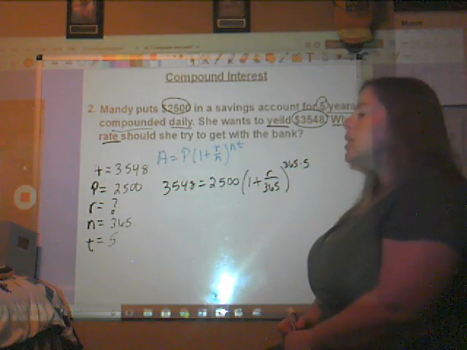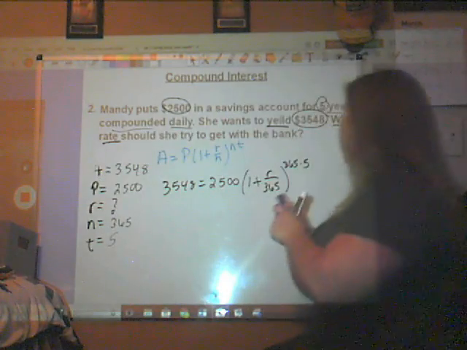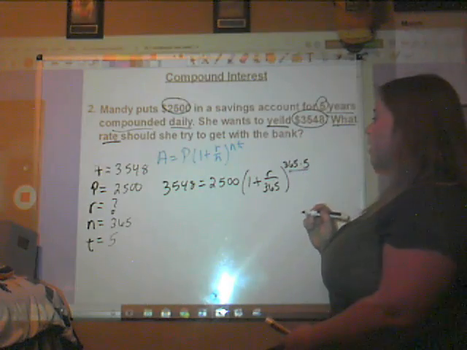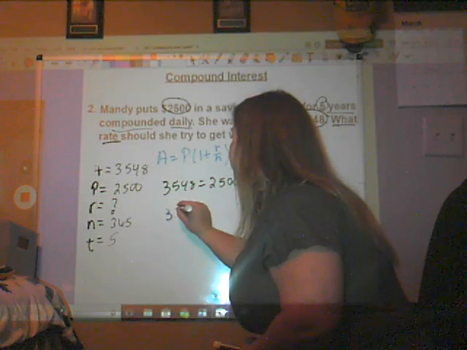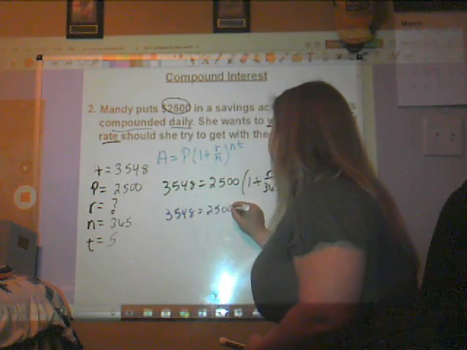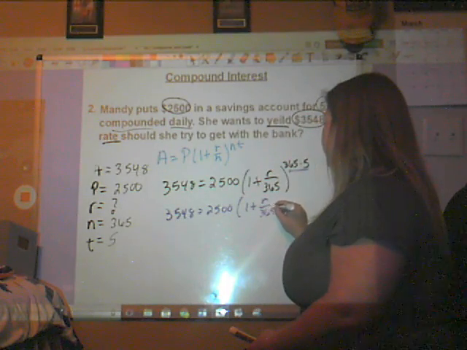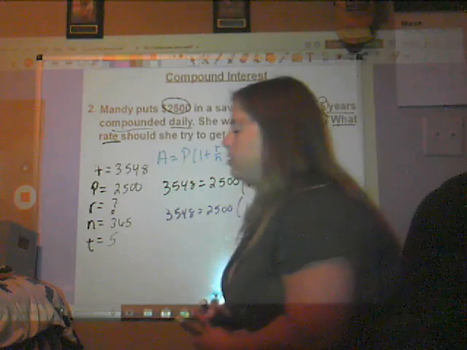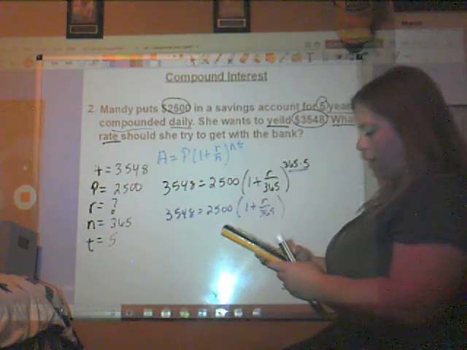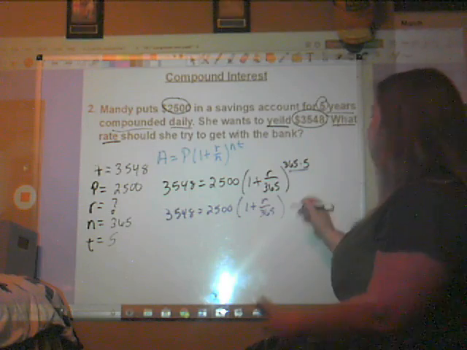It's in our base. So what we want to do is first find out what this part is. Okay? So we're going to do 3,548 equals 2,500 times 1 plus R over 365 to the power of, and I'm going to do 365 times 5, which is 1825.